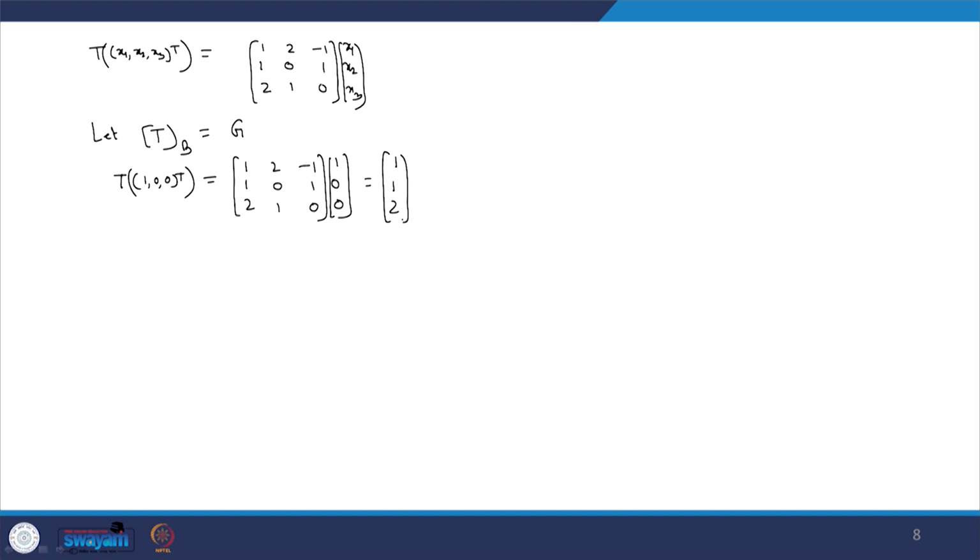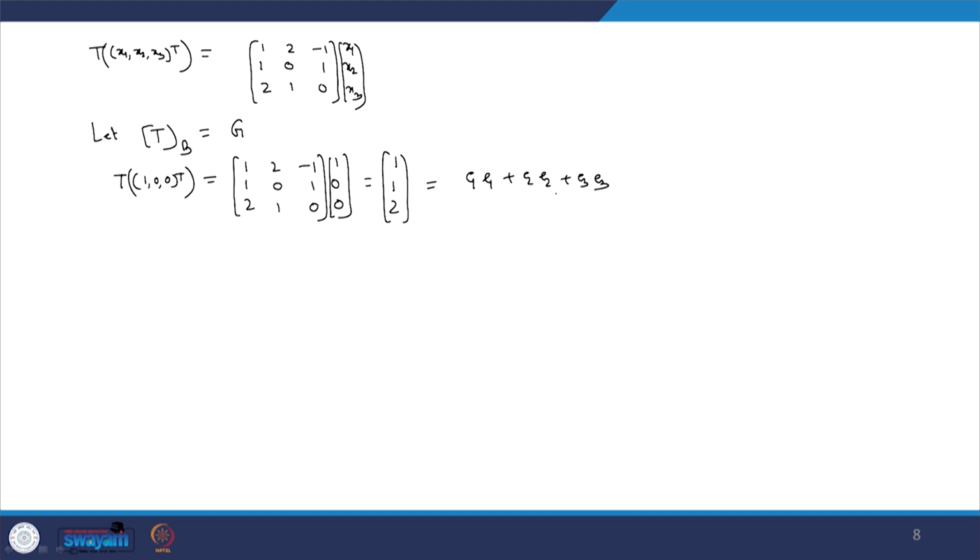I mean to say I am getting the first column of this given matrix A itself. So, this I have to express as a linear combination of the basis elements E1, E2, E3. So, this is equal to C1 E1 plus C2 E2 plus C3 E3.